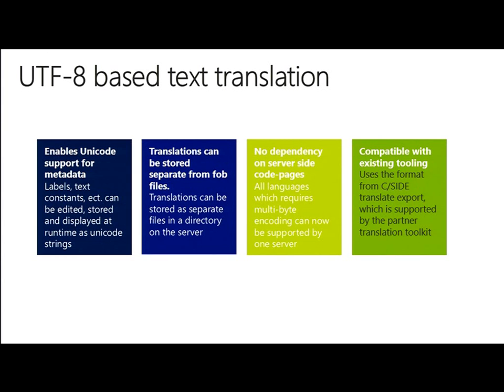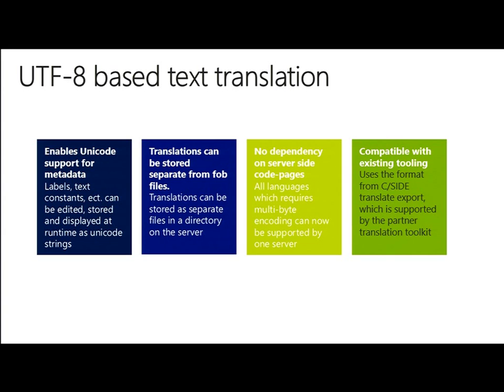To do that, we have moved the files from the FOB into a new text format that you also know from the transaction export that we already have in C-side. So that's the same format. That also removes the dependency on server-side code pages.